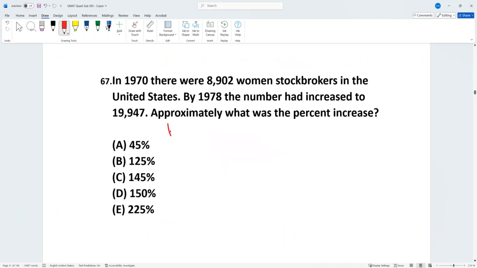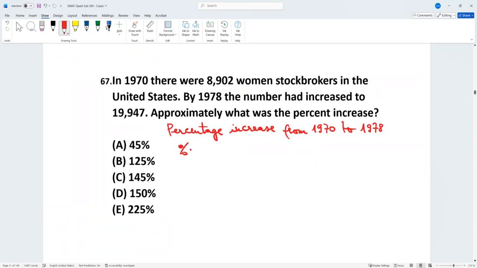So we will say percentage increase from 1970 to 1978.